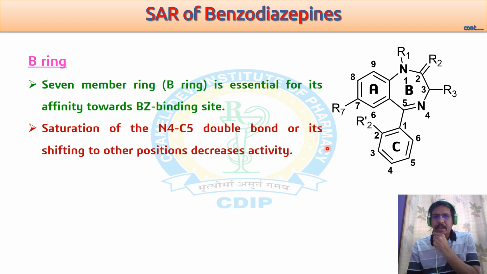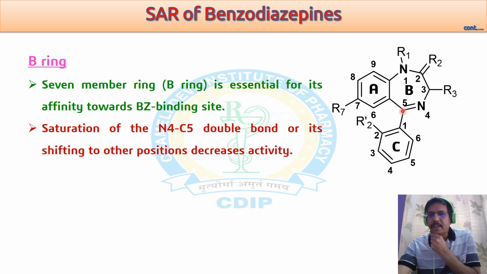This double bond can be converted into saturation, means it is converted into the dihydro form, means ultimately this double bond is changed to the saturated form, and maybe there is a possibility to shift this double bond from the 4 to 5 position to the 3 to 4 position.